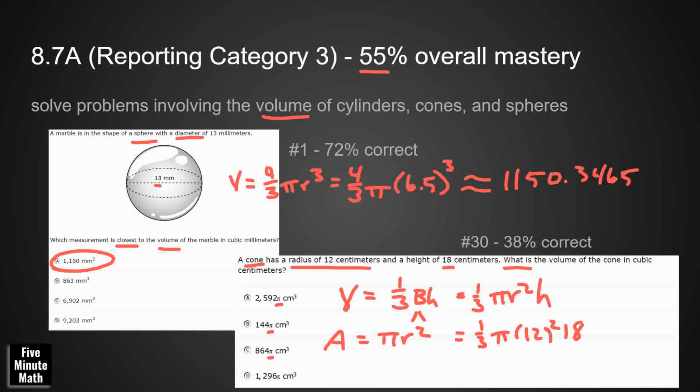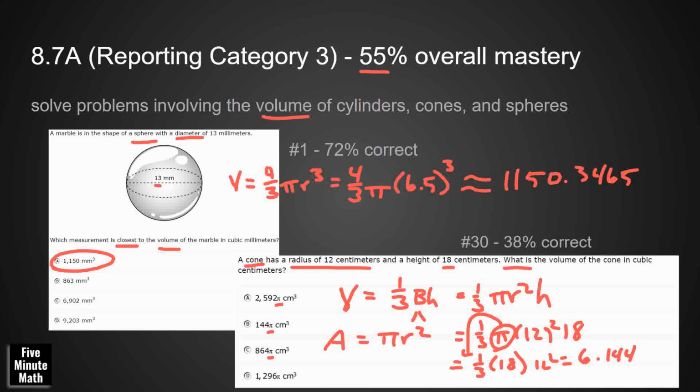So what we're going to do here is we're just going to kind of remove pi, just going to kind of pull it out, and now I'm going to be left with 1/3. I'm going to take 1/3 of 18 because 1/3 of 18 equals 6. So 1/3 of 18 is 6 times 144 because that's really what 12 squared is.